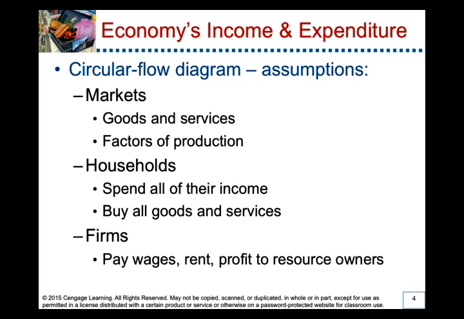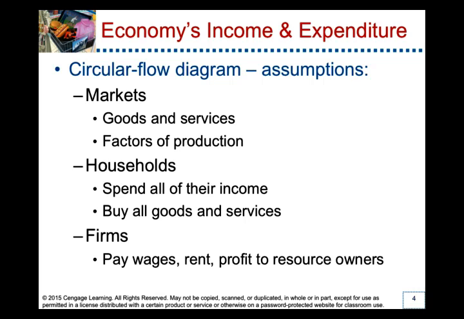One of them was the household. The household spent all of their income to buy all the goods and services that they needed, and the firms paid wages, rent, and profit to the resource owners. So the households, on the one hand, were the resource owners, and on the other hand, the buyers of various goods and services.